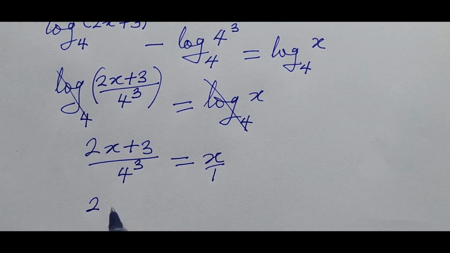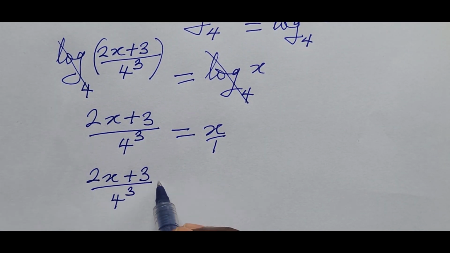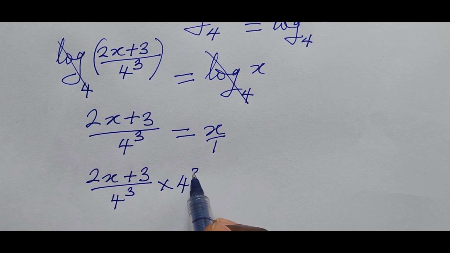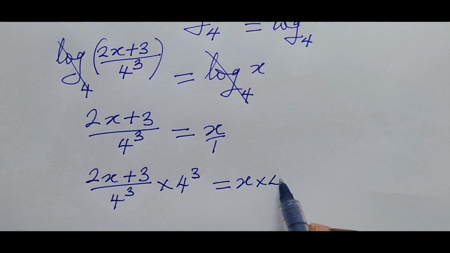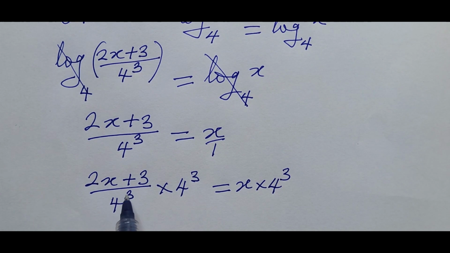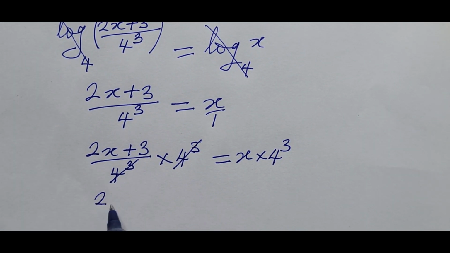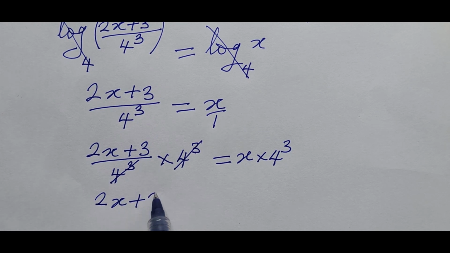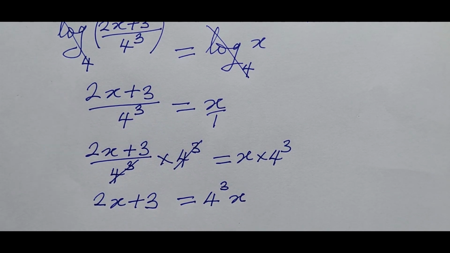This gives us (2x + 3) all over 4 to the power of 3 times 4 to the power of 3 equal to x times 4 to the power of 3. So this goes with this, and we now have 2x + 3 equal to 4 to the power of 3 times x.